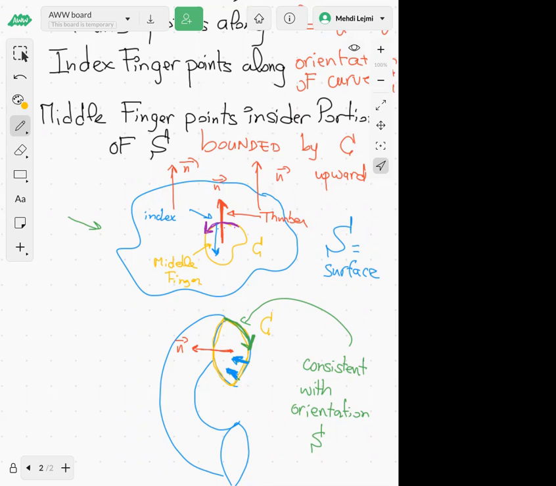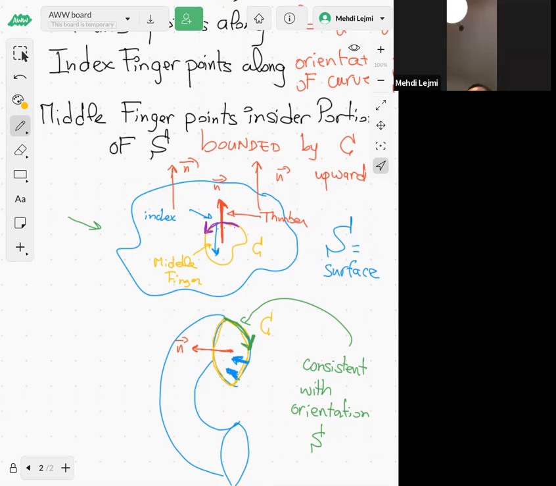Yeah, okay, I think I got it. But you have to use your right hand. That's the right hand rule.